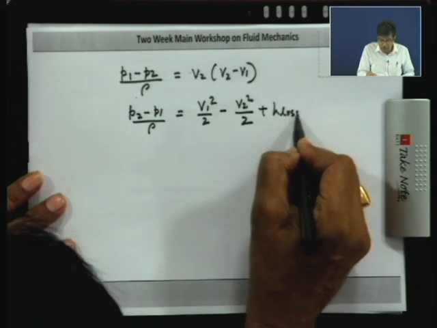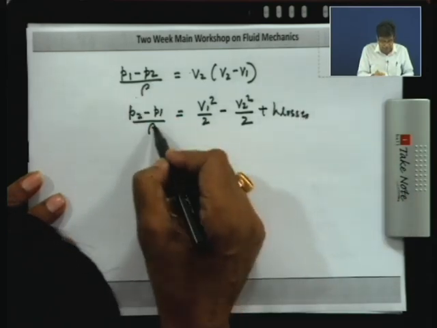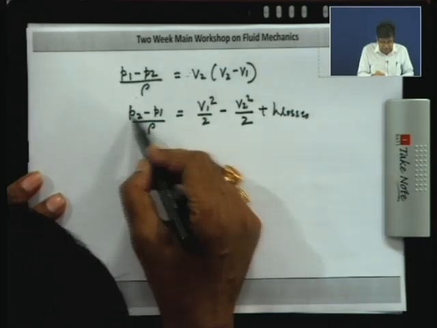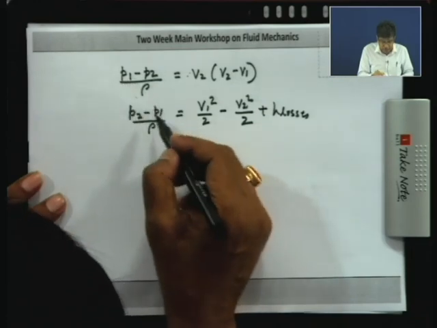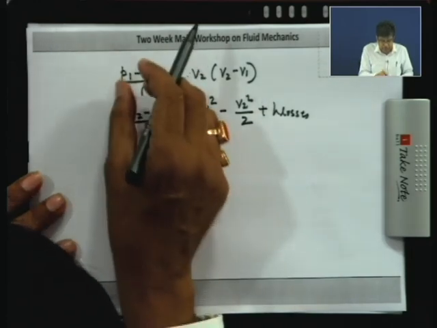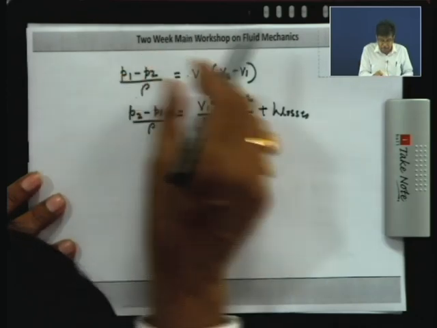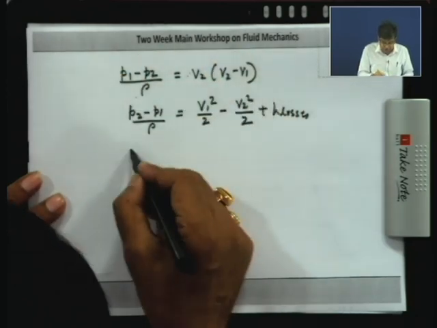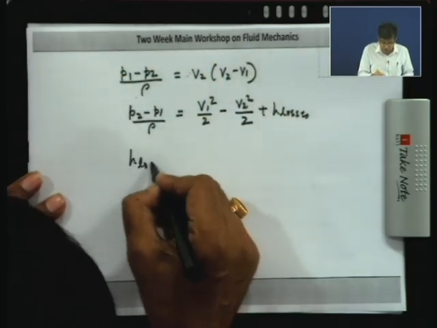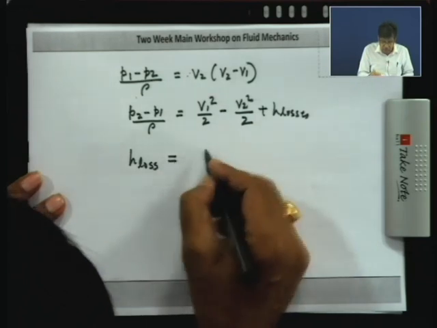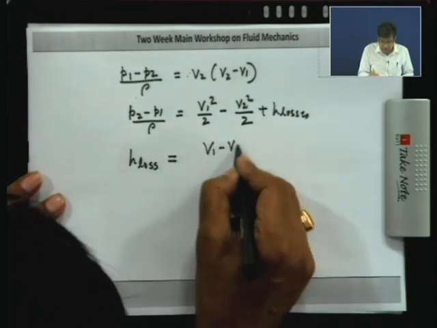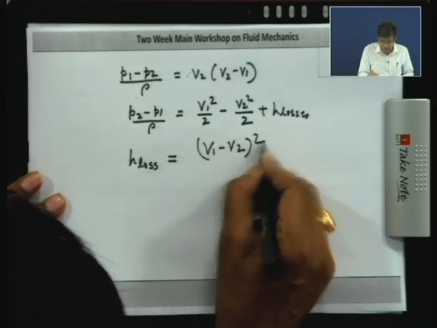If you eliminate the pressure drop P1 minus P2 from these equations, you get the loss equal to V1 minus V2, the whole square.